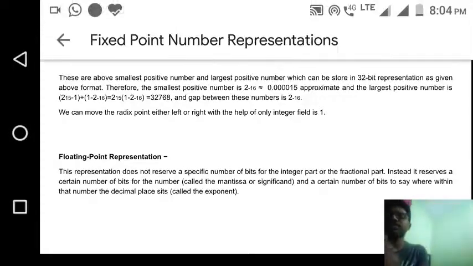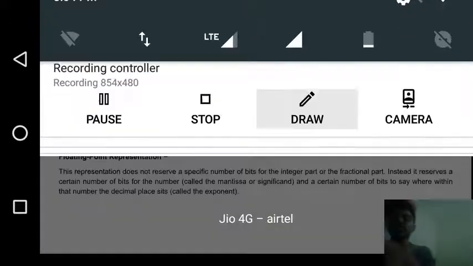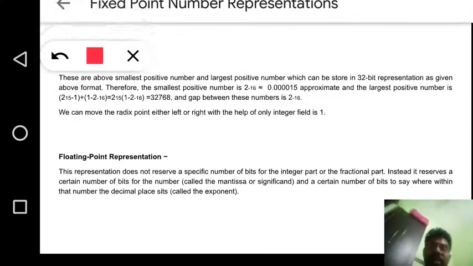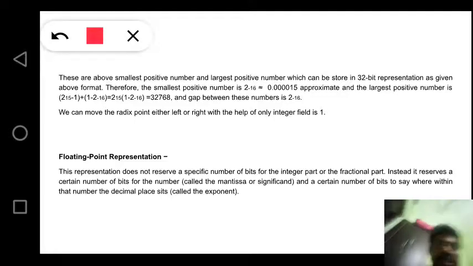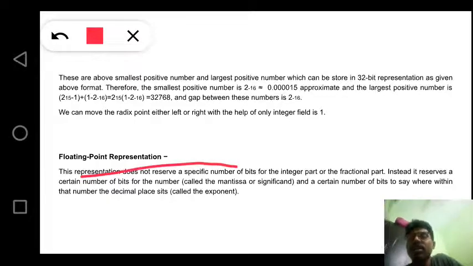This is very important. What he is trying to say, so far we understood that fixed point representation reserves the specific number of bits for integer part and fractional part. That was our understanding. But what it is saying is, sometimes this representation doesn't reserve a specific number of bits.